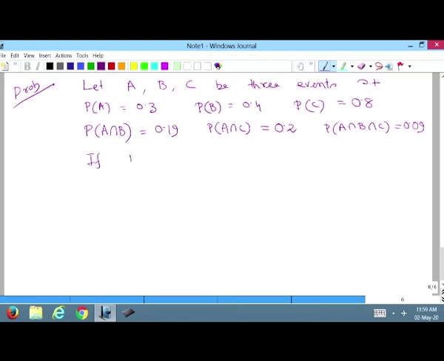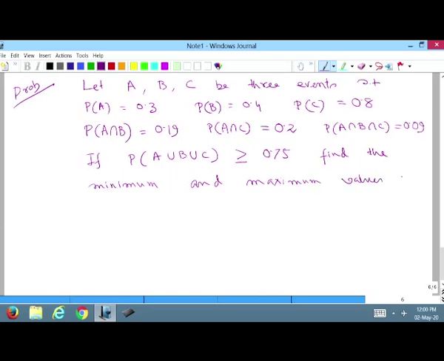If probability A union B union C is greater than or equal to 0.75, find the minimum and maximum value for probability B intersection C.